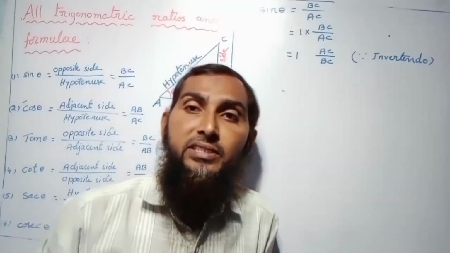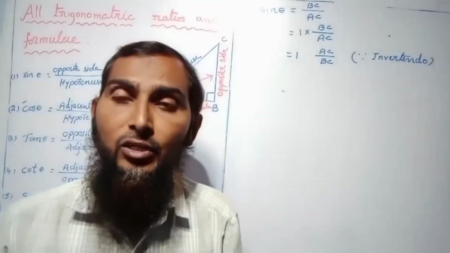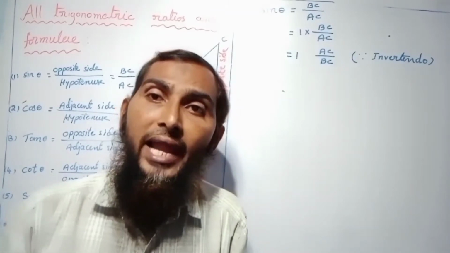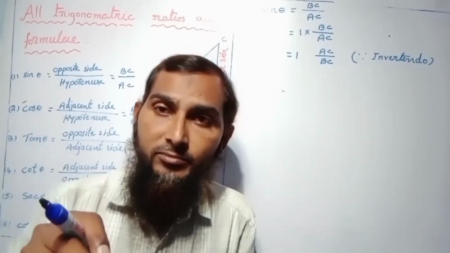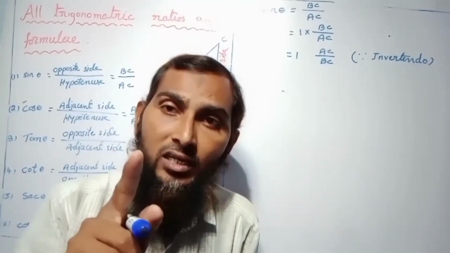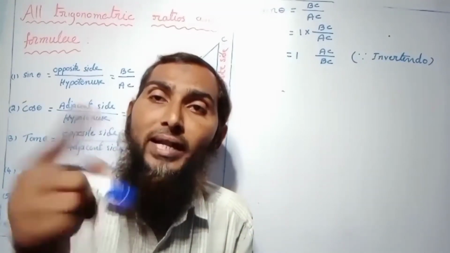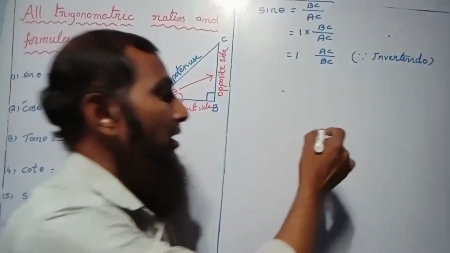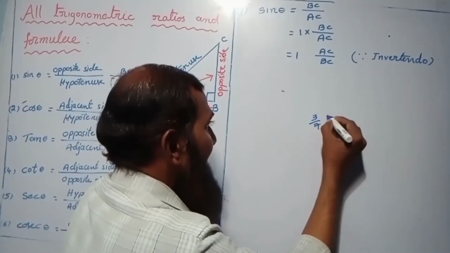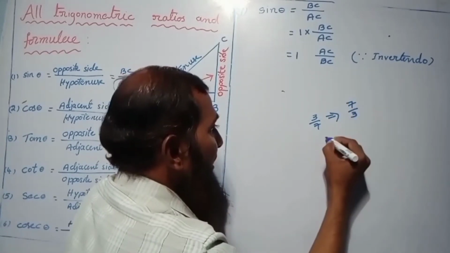This AC by BC is called the reciprocal of BC by AC. So what is called reciprocal? Any two non-zero numbers whose product is 1 are called reciprocals of one another. So the reciprocal of 3 by 7 is 7 by 3.